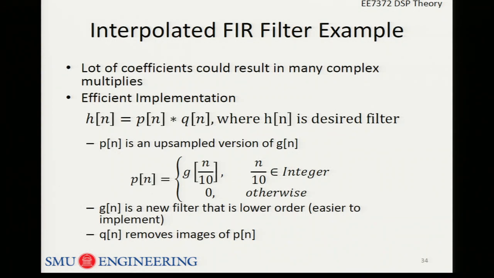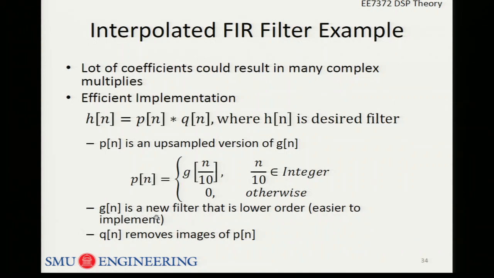We're going to upsample that, and then we're going to filter it with another filter, Q of n, which gets rid of the images of P of n. If you remember back when we did upsampling, what happens? You have some signal and you upsample, it smashes everything down. Everything gets narrower in frequency space. Then we end up with images, and we have to filter them out. The same thing happens with this filter impulse response.